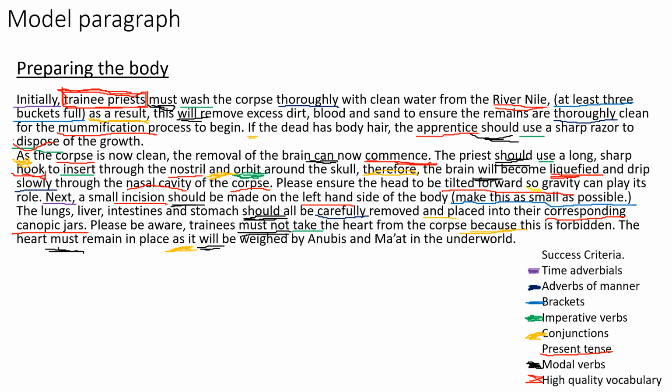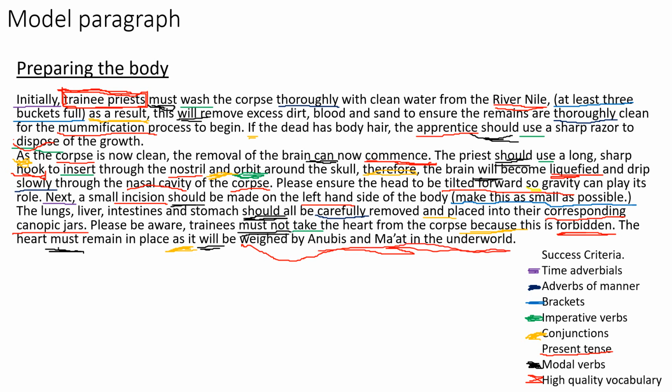My favourite one is Happy, the baboon, because he takes the lungs and it always reminds me of Tarzan. So maybe you could tell me a little bit more information about which canopic jar takes which organ. That would be nice. And you can also tell me this bit about the corpse not having its heart taken out because it's forbidden, because it must remain in the body because it's weighed by these gods in the underworld.